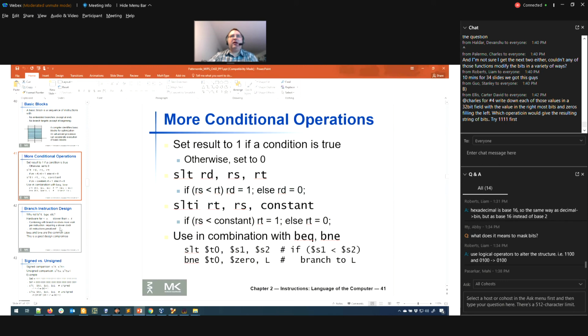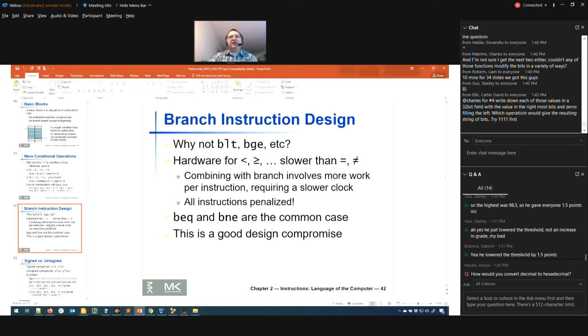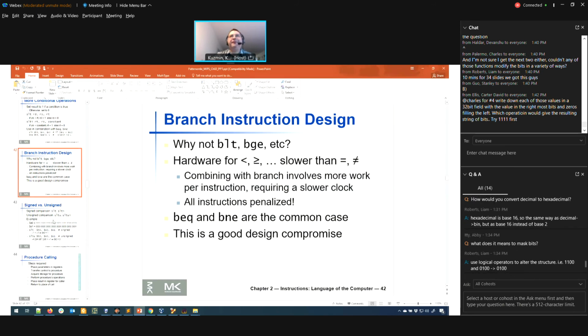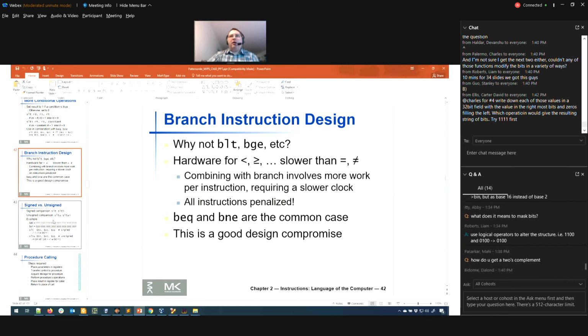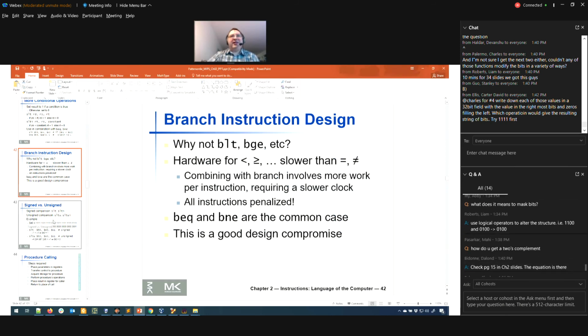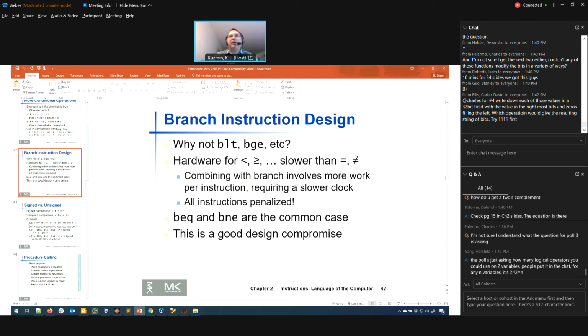All right, so this slide basically explains why there are no dedicated single instructions for branch less than, branch greater than or equal. It's again because of the design principle that BNE and BEQ are the most common case, and that's why we want a single instruction for those.